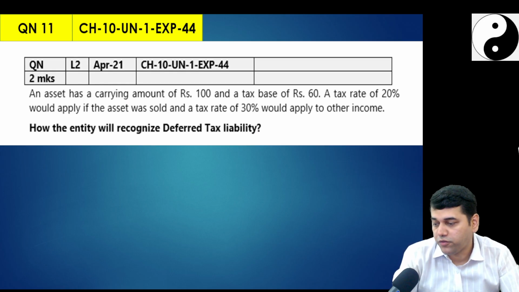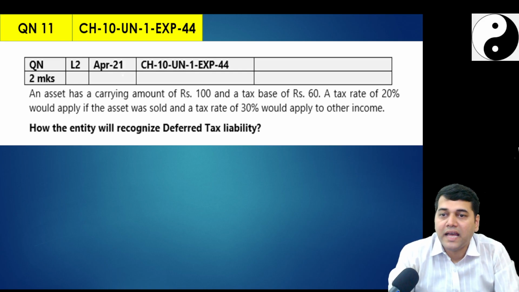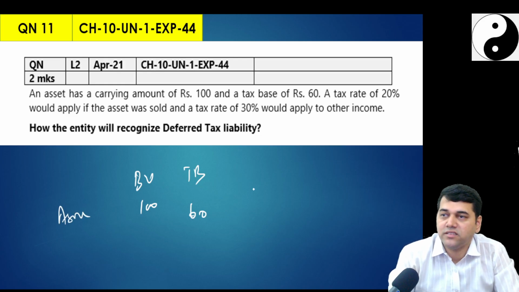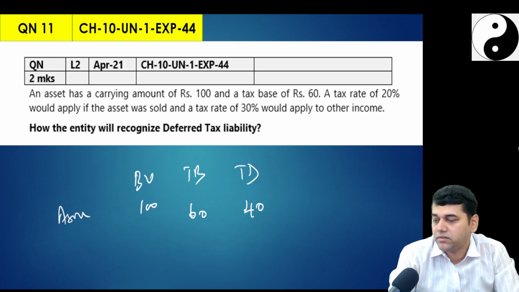Example number 44. An asset has a carrying amount of 100. So book value is 100. Tax base 60. This is an asset. So you have got a temporary difference. How much? 40. Is it taxable or deductible? Taxable.